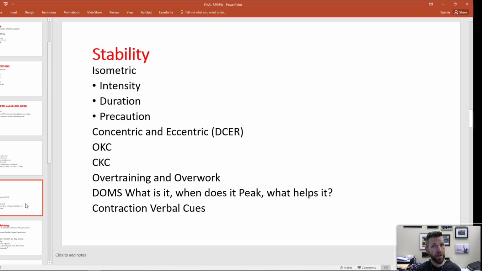Then we talked about joint approximation and what really matters there, and that's definitely a closed kinetic chain thing, as well as co-activation. So you're going to look at those on 198 and remind yourself, but also think about what proprioception, neuromuscular control and balance come into. These were all very unique things discussed throughout that chapter, and so you'll need to review those.